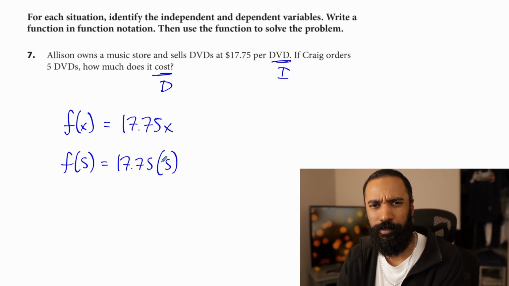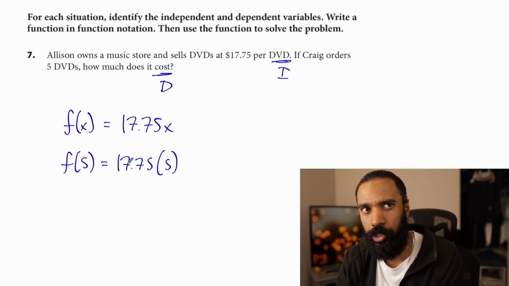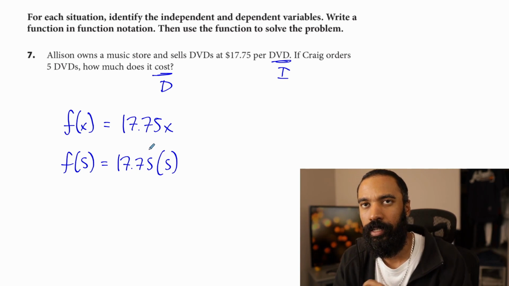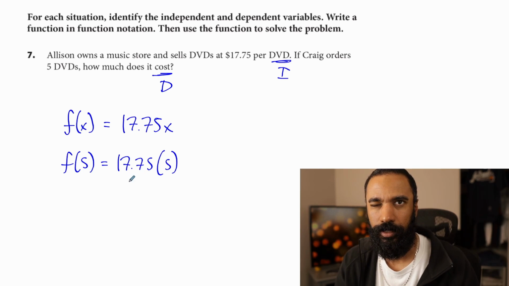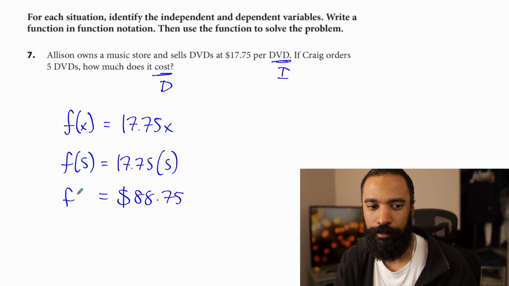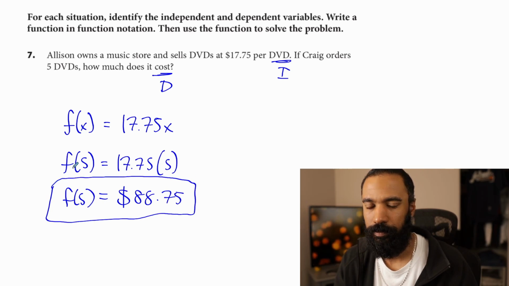Let's do 18 times 5, which is 90. Subtract $1.25 because 5 times 25 right there. So 90 minus that is 88.75. I might be doing some math wrong, but that is in my head right now. So f of 5, boom. That is how much it costs.